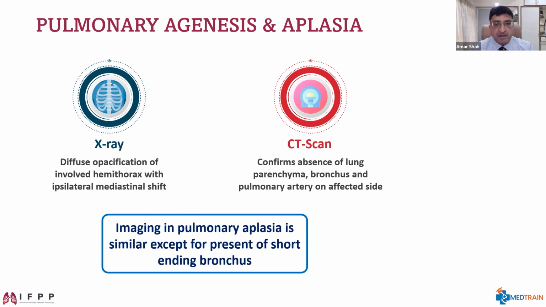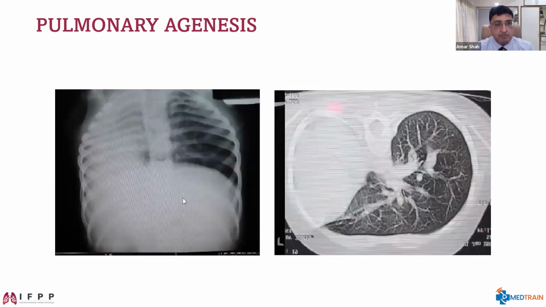Imaging in pulmonary aplasia is similar except for the presence of a short ending bronchus. So, when there is agenesis or aplasia, the imaging is almost similar apart from a short ending bronchus. This is an X-ray which shows pulmonary agenesis on the right side, a complete opacification which is seen in the right hemithorax. This is again confirmed on the CT scan.